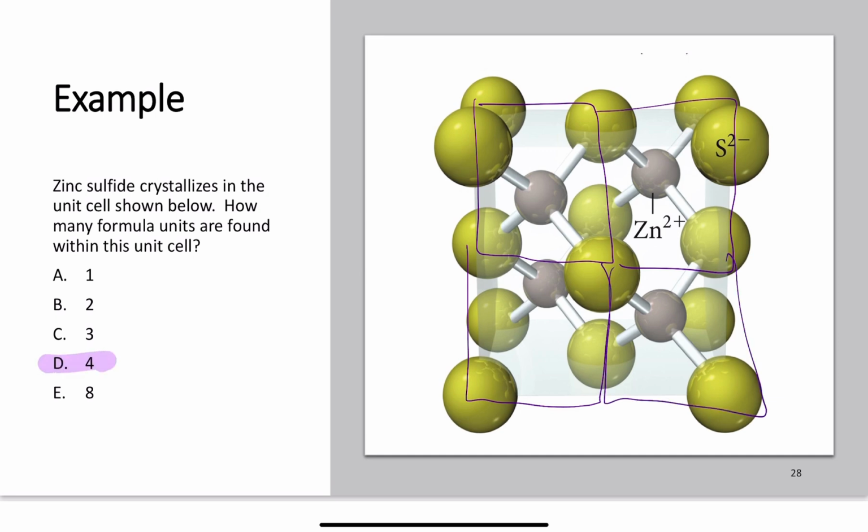Overall, you should be able to see 4 repeating units, with the zinc centered in each repeating unit. The zinc is inside the body of the structure. So I have 4 formula units within this unit cell.